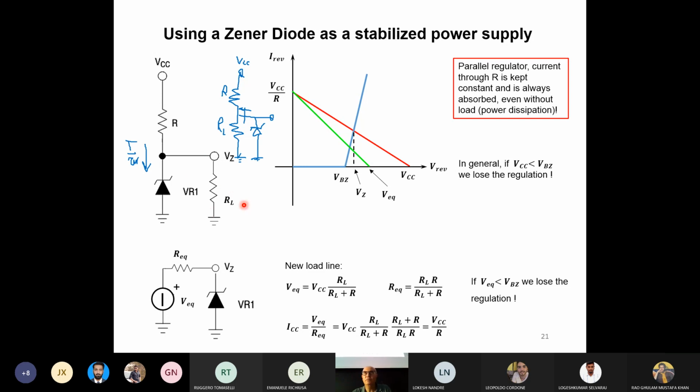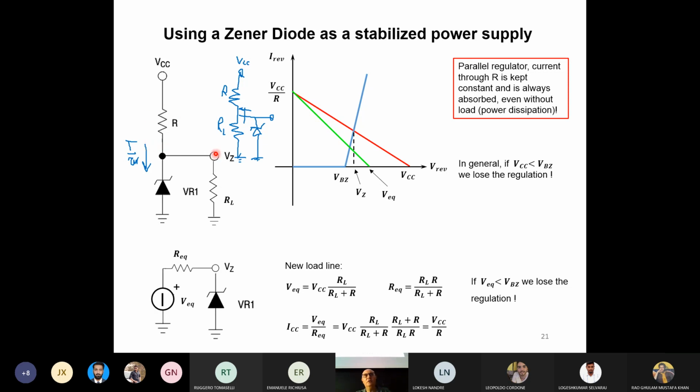Okay? This means also that this circuit here is very inefficient. It is called, and we will see the difference, a parallel regulator. It works in this way. The output voltage is given by VCC minus a voltage drop here.